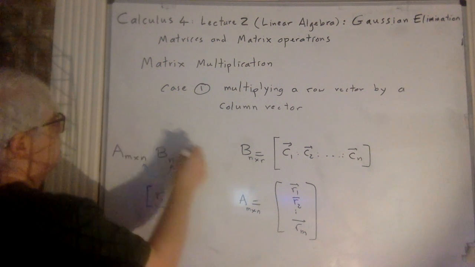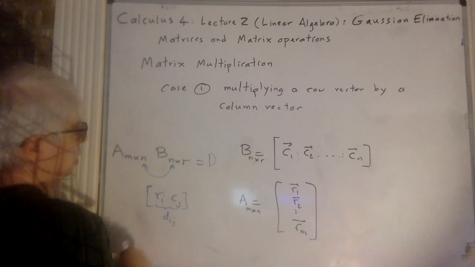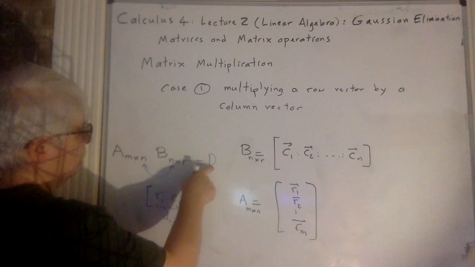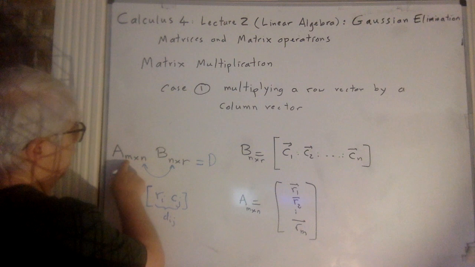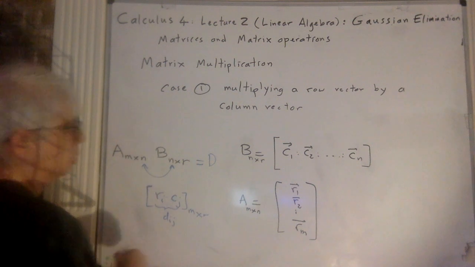If I say this is equal to D, then Dij is an element, or an entry, of this. Each entry of this is like this. So this should be m by r. M by r. So this middle one just goes away.